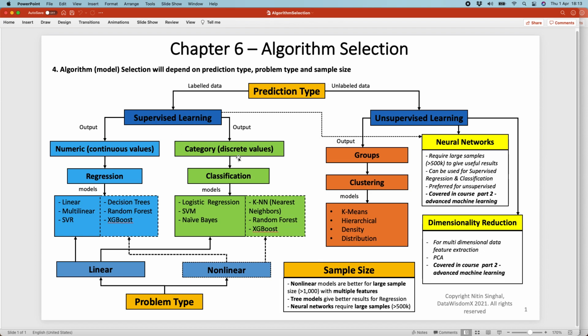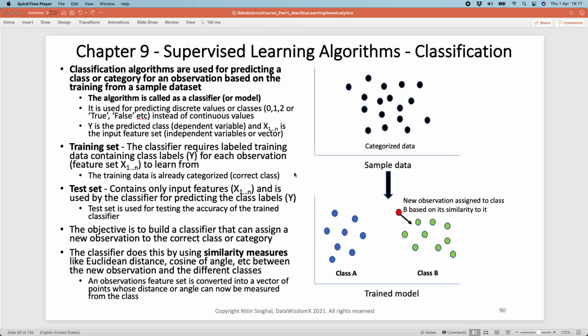So classification is used for labeled data, and it predicts output categories or classes which are discrete values like 0, 1, 2, 3. And it has its own set of models or algorithms, and they are split into linear and nonlinear problem types. And then again, the sample size will determine whether we can use certain models or things like neural networks. Okay, so let's understand the basics of classification algorithms.